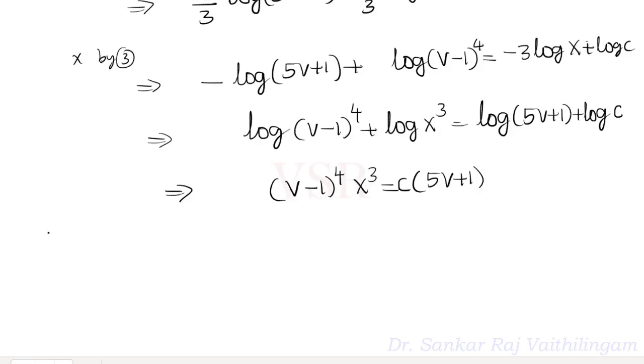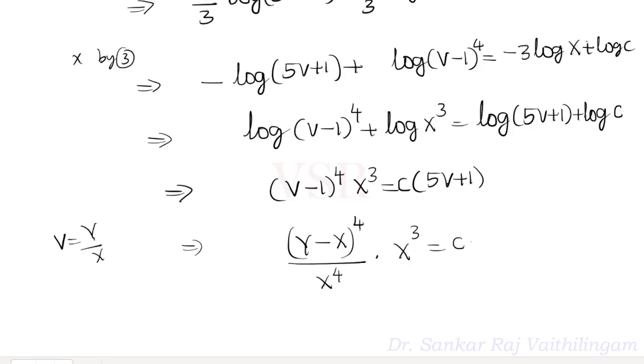So v is equal to y by x. This implies that y by x minus 1, that is y minus x the whole power 4 divided by x to the power 4, into x cube, is equal to constant times 5y by x plus 1, that is 5y plus x divided by x.